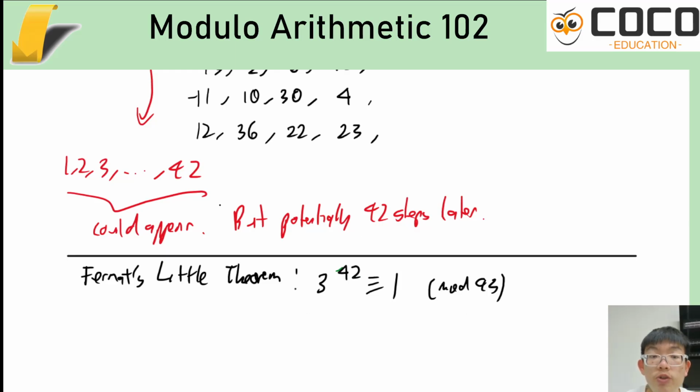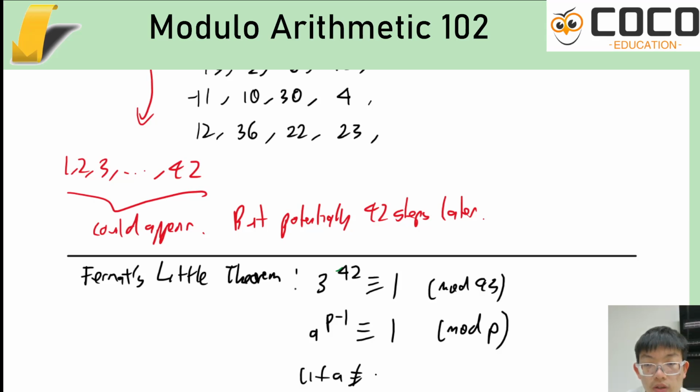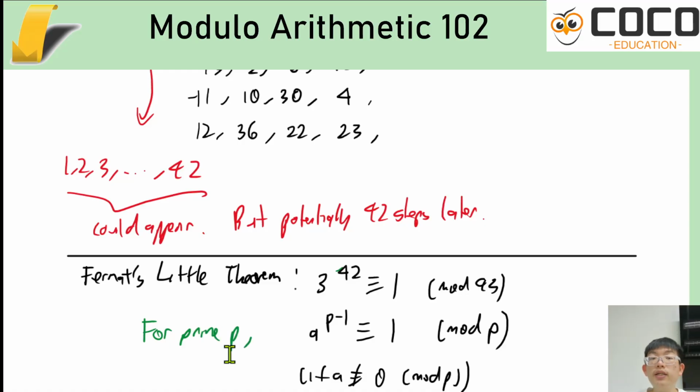It says that if you are dividing by a prime, then a to the power of p minus 1 is going to be 1 mod p, where a is not 0 mod p. So if a is not a multiple of your prime number, then potentially p minus 1 steps later, potentially 42 steps later for mod 43, it will repeat. Well, I'm telling you it does. I'm not telling you, I'm telling you that Fermat's telling you that it does.